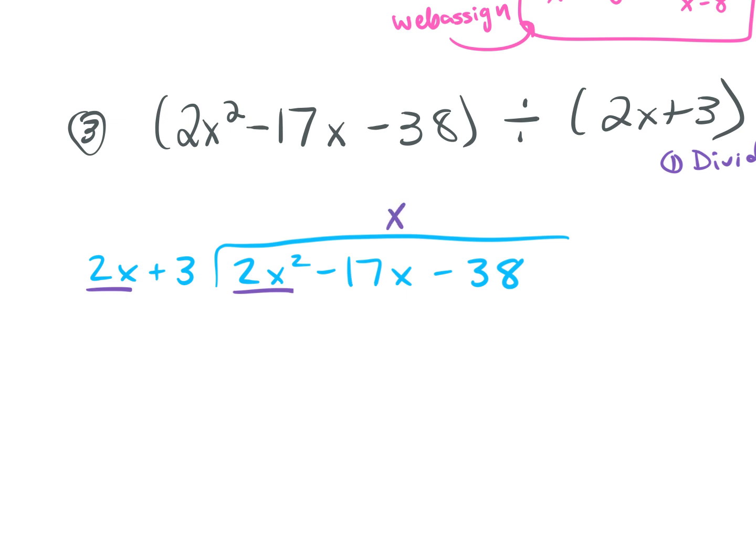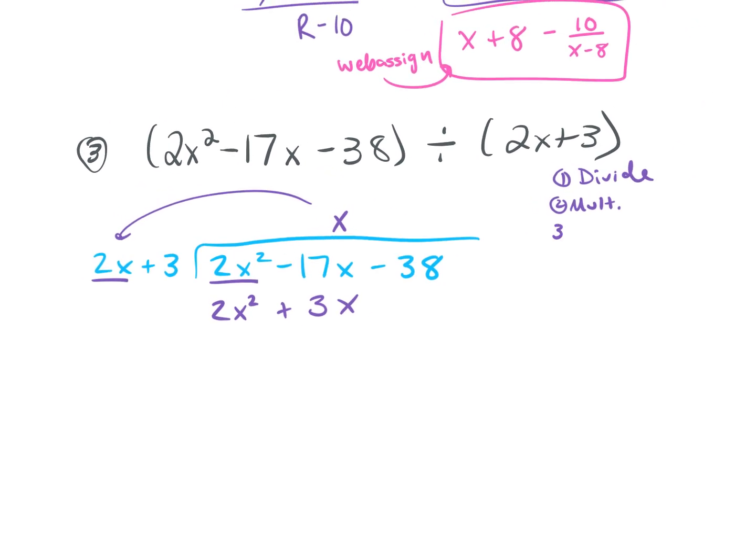X. Awesome. What's step 2? Multiply. So we have x times 2x would be 2x squared. What's x times 3? 3x. Good job, guys.